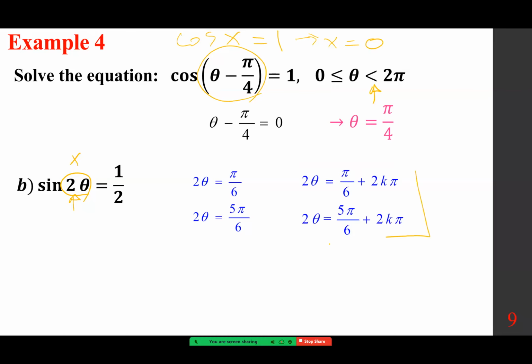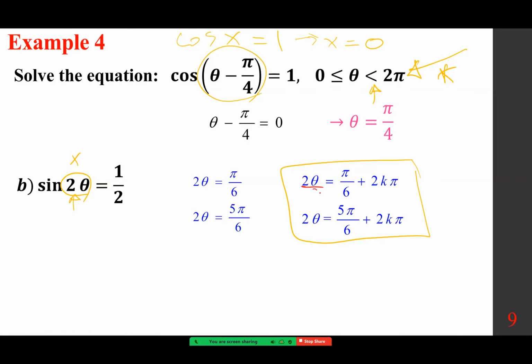If they said find all solutions, you're done. There are infinitely many solutions. However, if they said, okay, just from 0 to 2 pi, and we are going to work on that also, then you have to solve for theta, which means you are going to divide by 2.